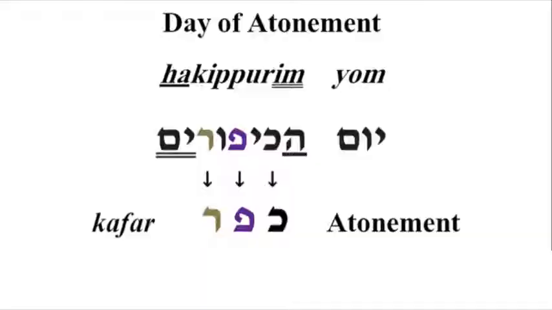So Yom Kippurim, Yom HaKippurim, is the Day of Atonement. Okay? Yom Kippur, you may have heard of it. All right? Yom Kippur is the holiest day of the 7 Moedim, the 7 festivals, feasts that the Jews keep every year. This is the ultimate.